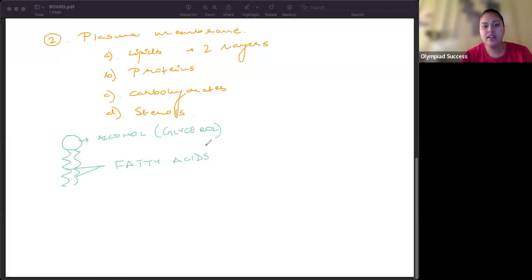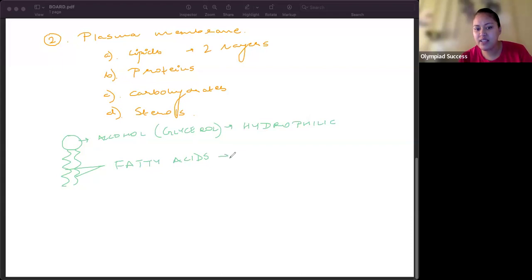Now alcohols are miscible in water. If you take alcohol in water, they'll mix, right? Alcohol is soluble in water. That is why the head is hydrophilic in nature. Hydro means water, philic means loving. So this is water loving.